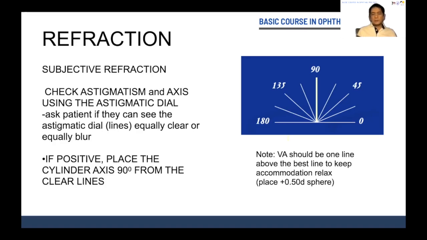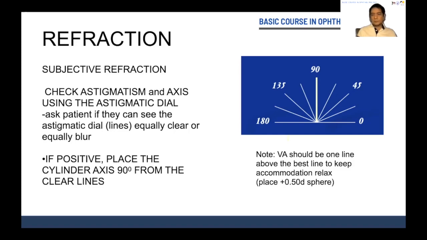For example, if your subjective lens with the best visual acuity is plus 0.50, then you add an additional plus 0.50 before asking the patient to look at the astigmatic dial, so that the accommodation is relaxed. Then ask the patient if he sees the lines in the astigmatic dial as equally clear or equally blurred, or is there a line that appears darker than the rest?